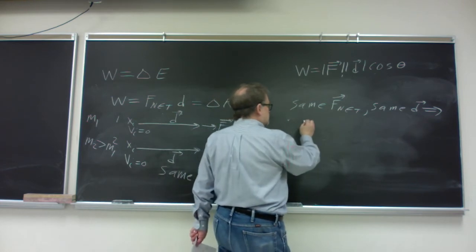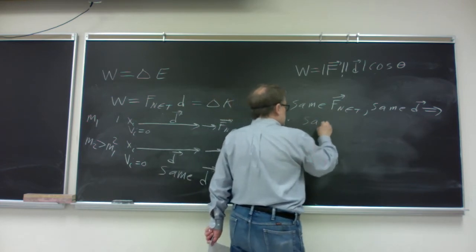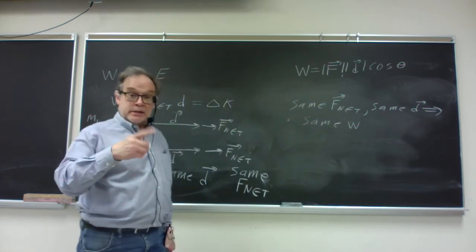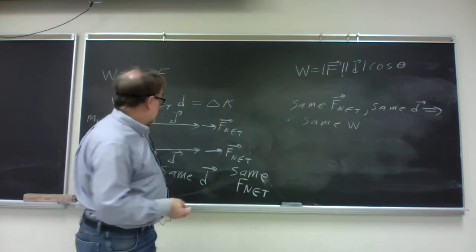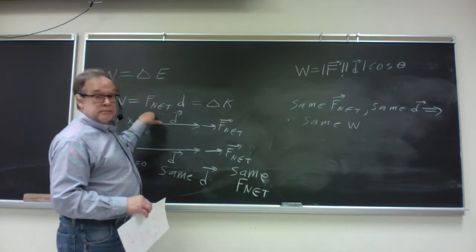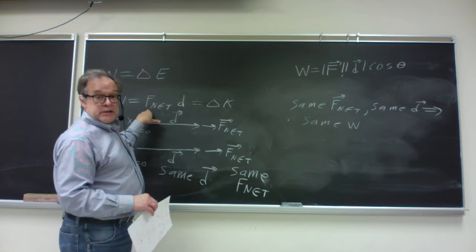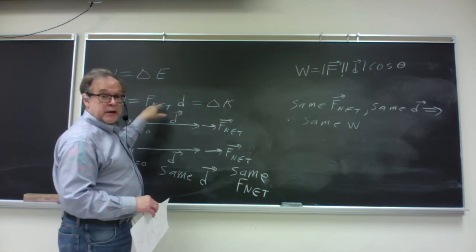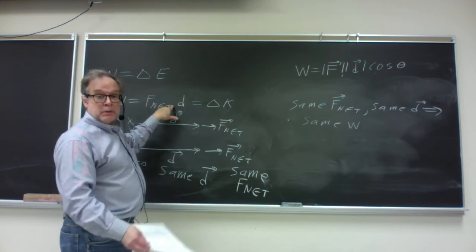And so that means the same amount of work is done on both of them. The same amount of positive work is done on both of them. This is a positive number because this is a magnitude, which is positive by definition of magnitude. This is a magnitude, so it must be positive.